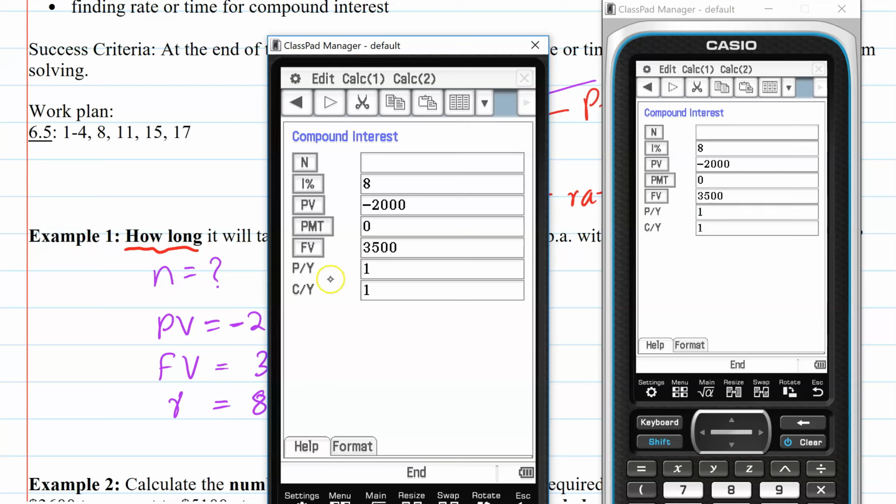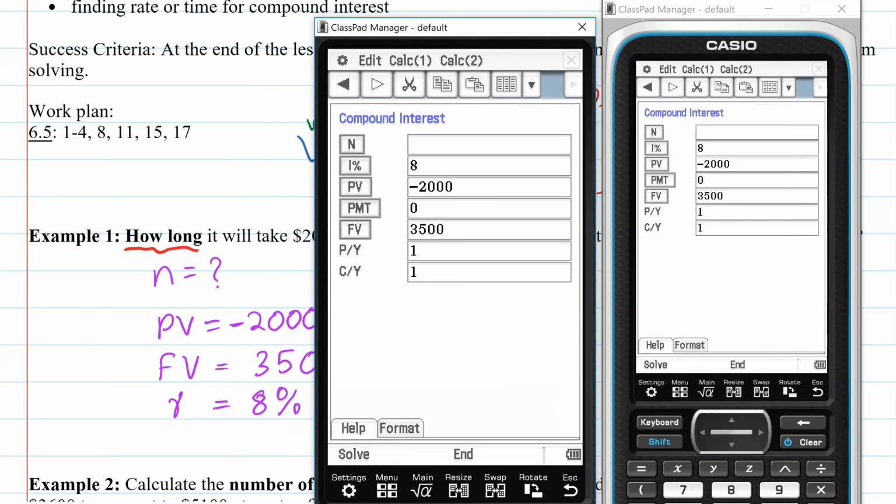So PY is how many times interest is calculated and added to my account. Hope that's clear. These are the things that you need to remember. Always PY and CY are exactly the same in these sets of questions. If you did compounded monthly, this becomes 12, and payments also 12, because you get 12 interest payments to your account. Now let's go back to my notes and write down PY and CY.